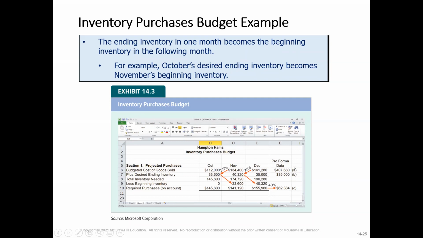And that would be our budgeted cost of goods sold for our pro forma income statement. Ending inventory should be our inventory balance on our pro forma balance sheet at December 31st.